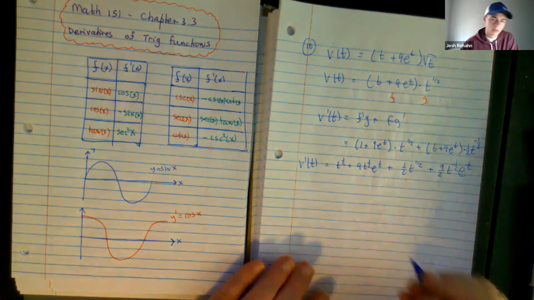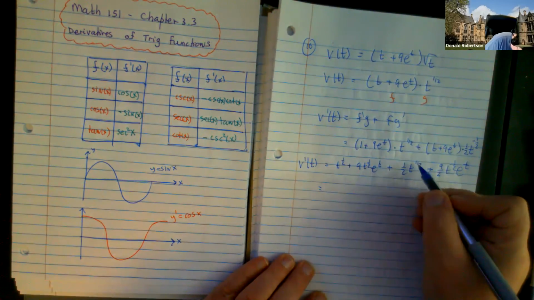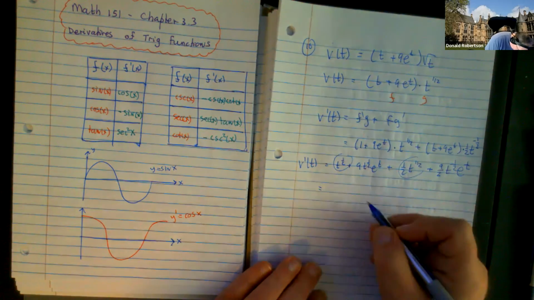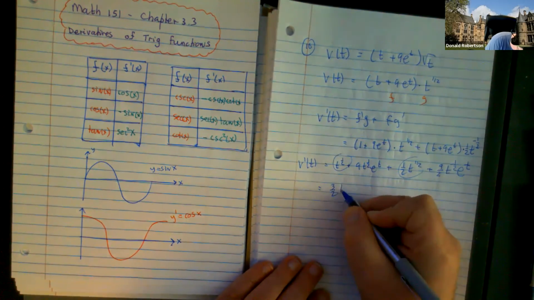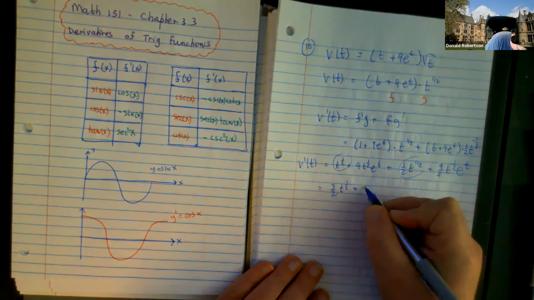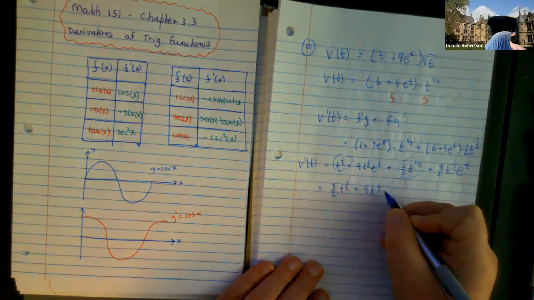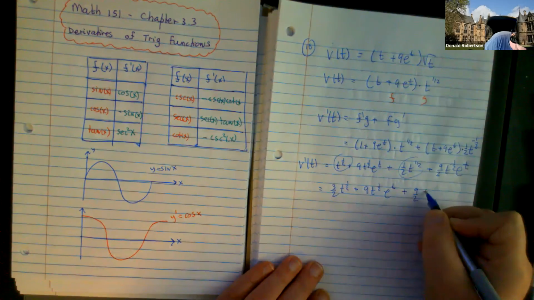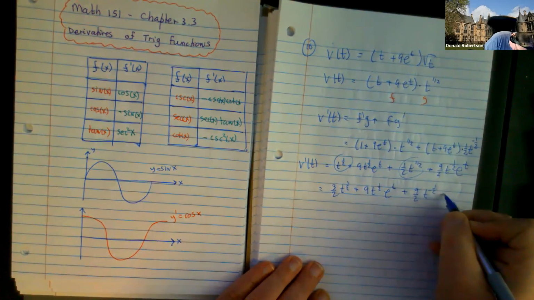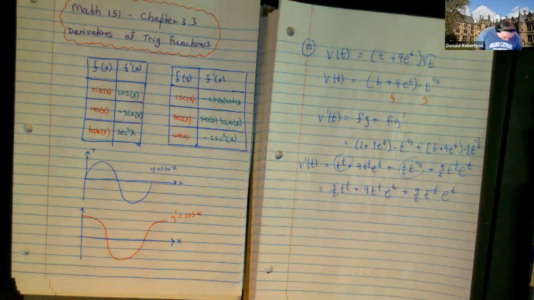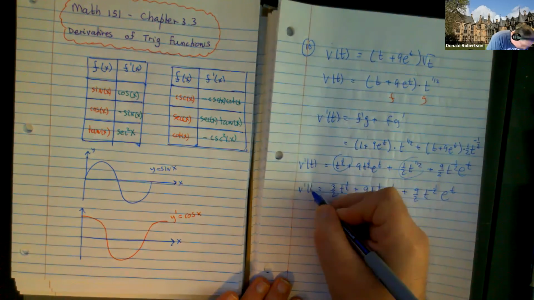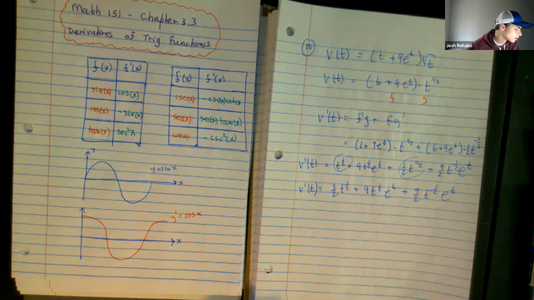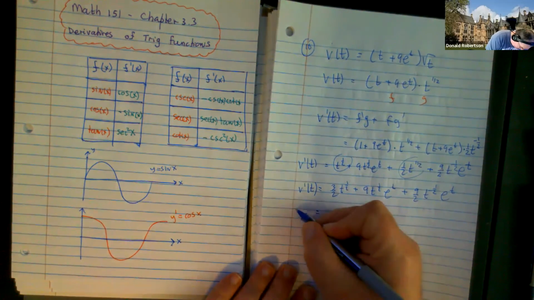Yes. Okay. I have got this guy and this guy. So that's going to get me 3/2 t to the half. Then I have this guy. And finally, I have this guy.